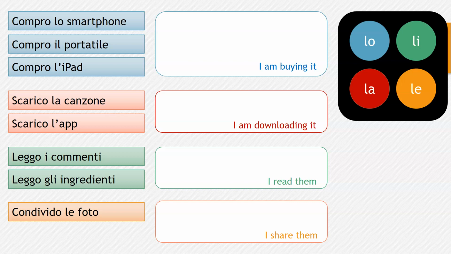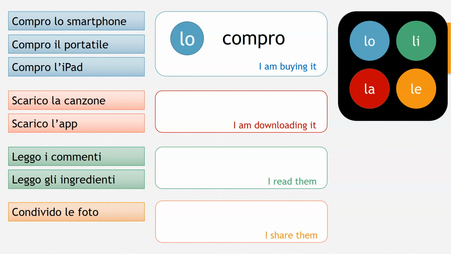So if we have, for example, compro lo smartphone, compro il portatile, compro l'iPad, and we want to say I am buying it instead of I am buying the object, we say lo compro, and they're all masculine nouns.